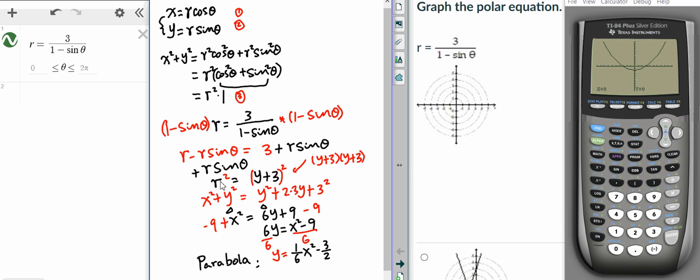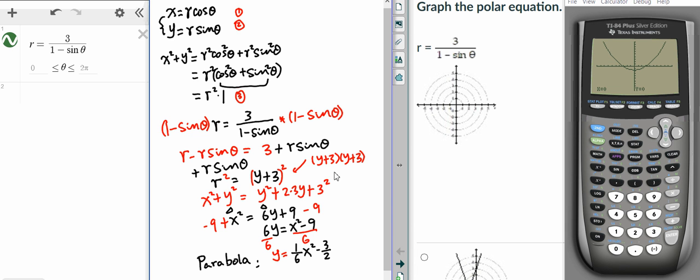You then square both sides. Okay, y plus 3, you square it. And here you have r, you square it. r squared is x squared plus y squared. That's this identity. And this one, y plus 3 squared, is y plus 3 times y plus 3.